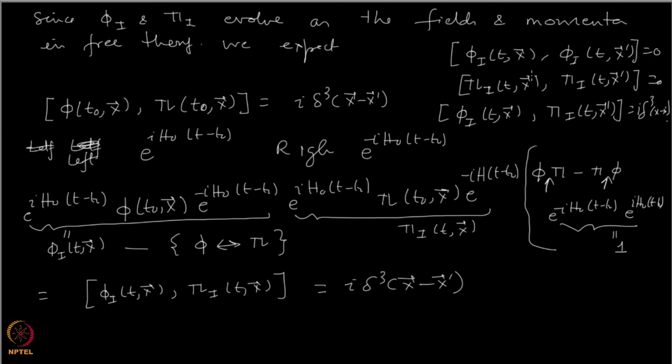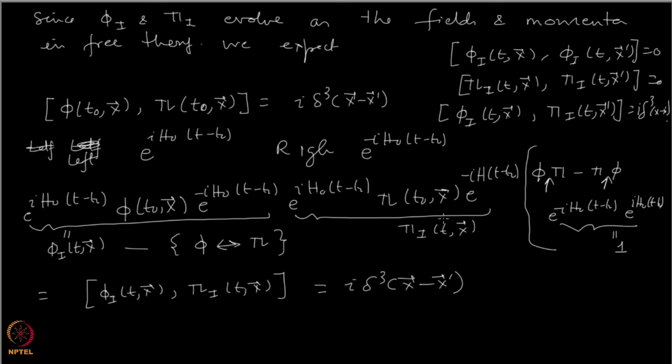We will be able to introduce them, okay, because our fields are behaving like free fields, and the entire machinery that was developed in the case of free field theory can be used here, provided we can express everything in terms of phi I's and pi I's. If we can do so, then we can get some answers.